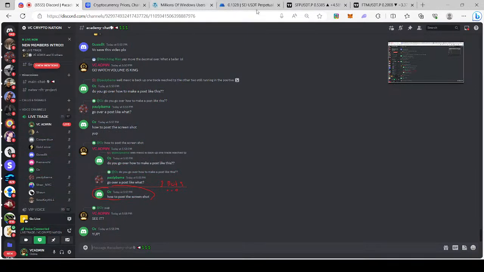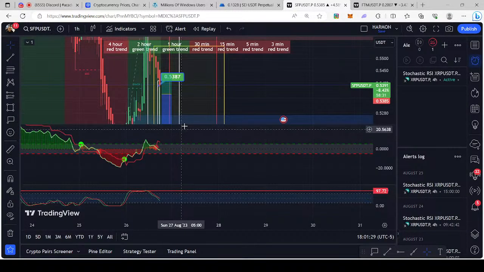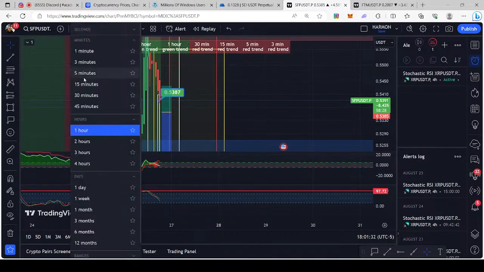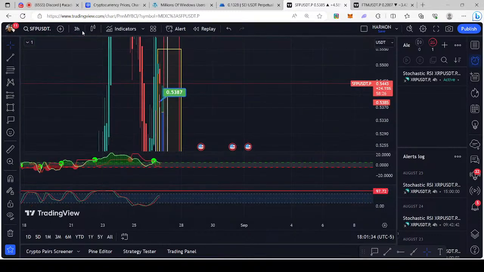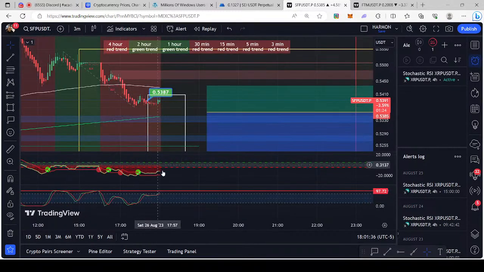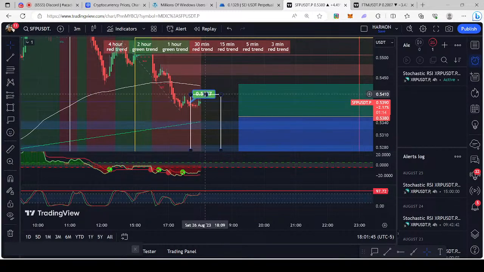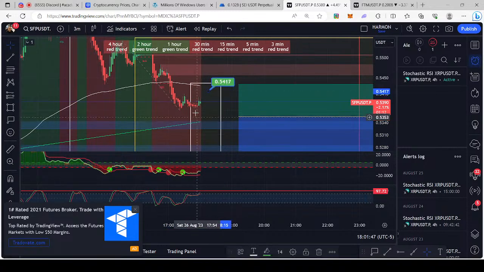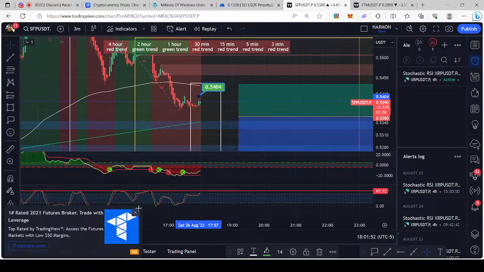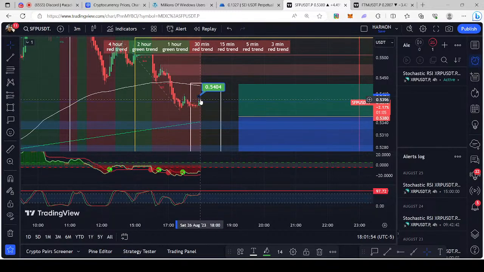And another thing I would do, if you guys are listening, is on that 3 minute while I'm waiting for that red moon, because the volume and everything is in my direction, when I see this green moon pump this last 3 minute up, I would be looking to get in on these green candles. So on this candle here, this wick, I would be looking to start buying on this section. So 53.98, 54, this would have been my targets.